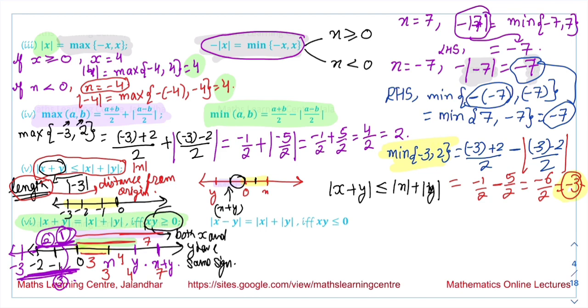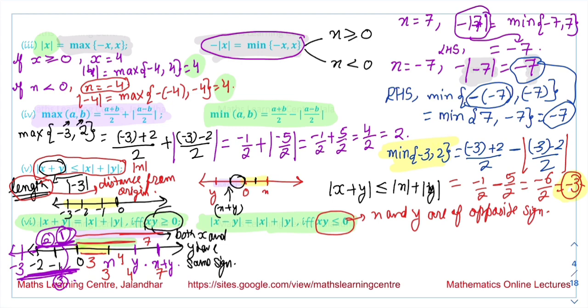Next we are saying |x minus y| is equal to mod of x plus mod of y if and only if x into y is less than or equal to 0. x into y less than or equal to 0 means x and y are of opposite sign.